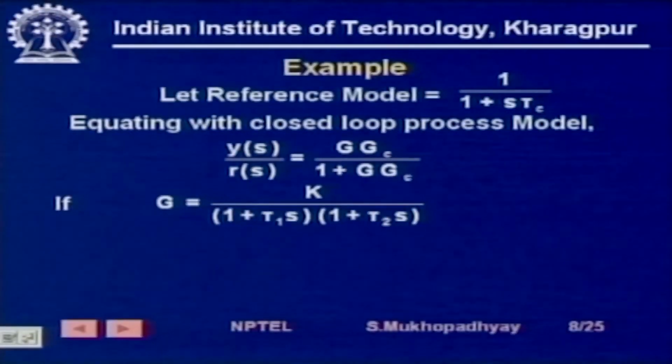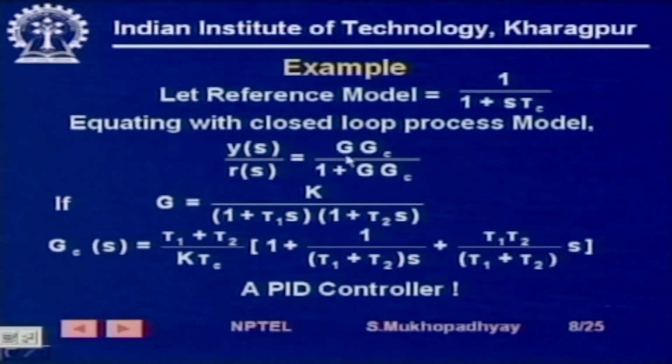So after solving this, what kind of a Gc shall we get? It turns out that if you solve the equation GGc by 1 plus GGc with this value of G and this reference model, one can easily solve that the controller transfer function comes out to be this, right.